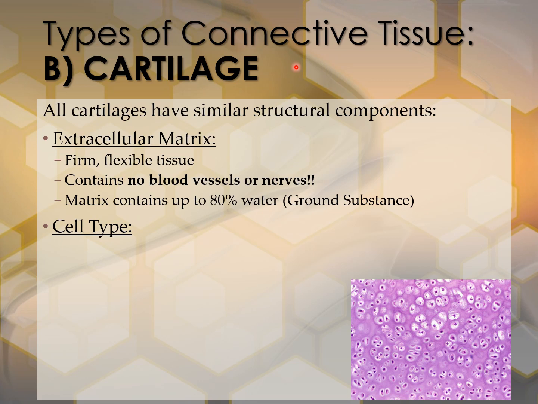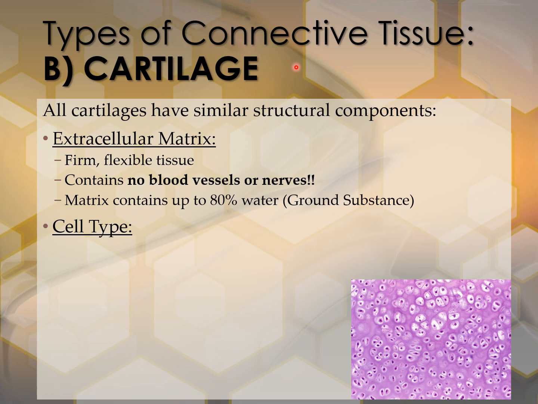And the big thing about cartilage is it contains no blood vessels or nerves, which is kind of different for connective tissue, right? Because we said that the connective tissue underlying our epithelial tissue, which is usually areolar connective tissue, is what's bringing in all those blood vessels and nerves.